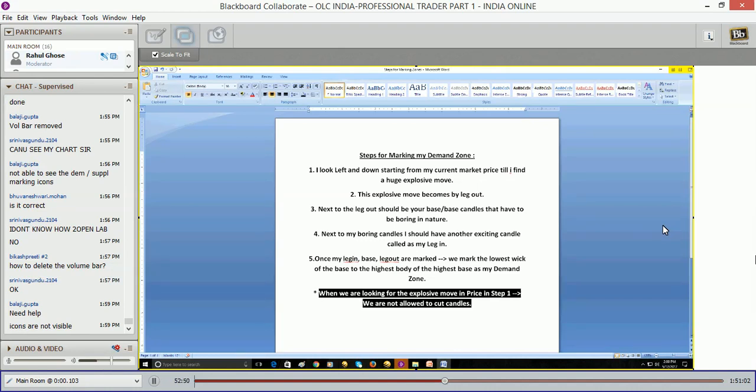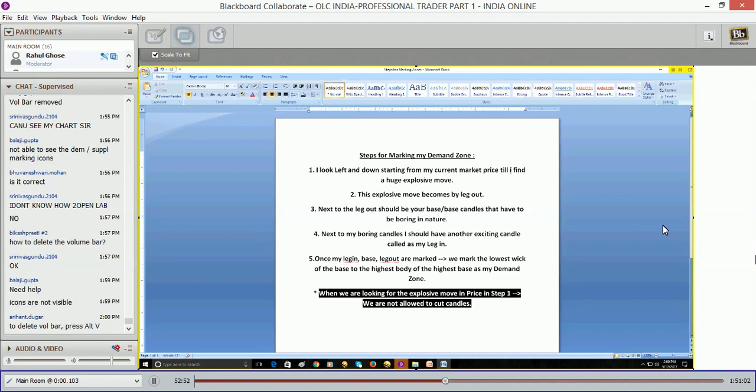Just mark 2 horizontal lines, Balaji. Okay, the upper one is perfect, lower one absolutely perfect.